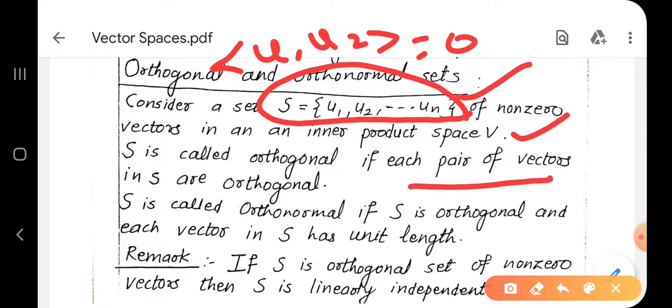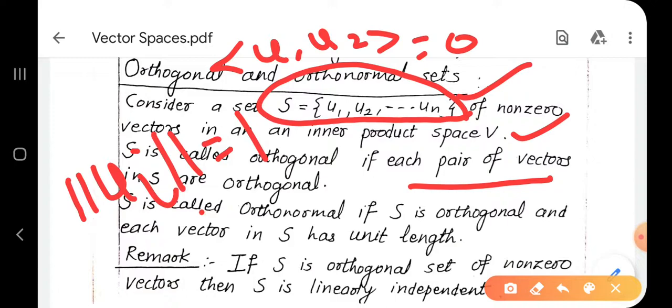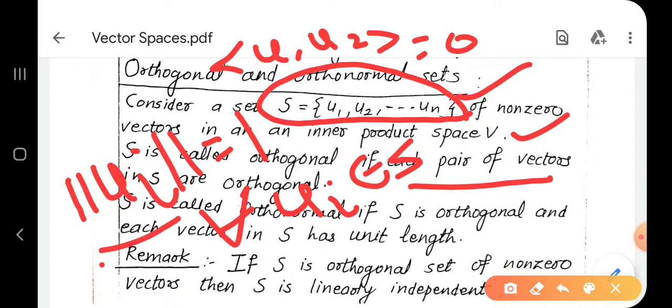And if I take the norm of ui, you may take any vector, norm of u1, norm of u2, norm of u3, norm of un is 1 for all ui belonging to S. This is true for all ui. If this is possible, then we can say that the set S is an orthonormal set.